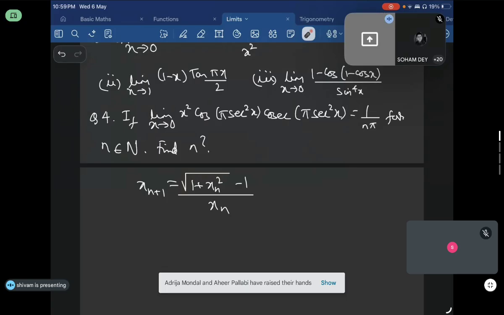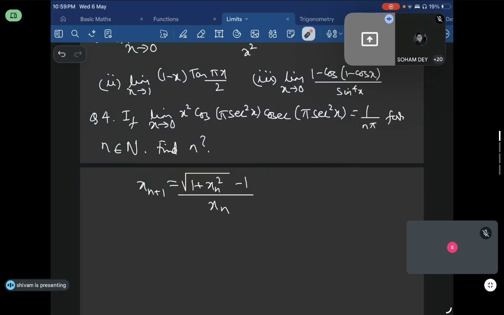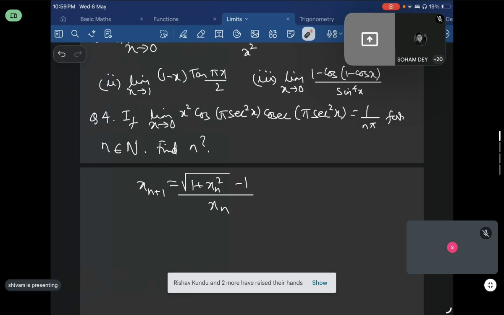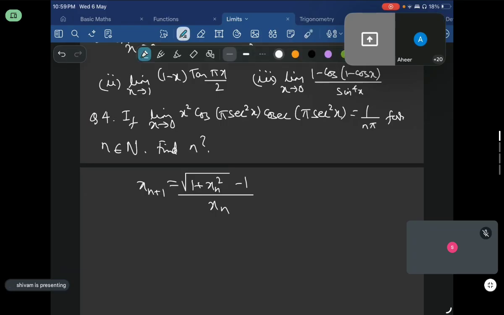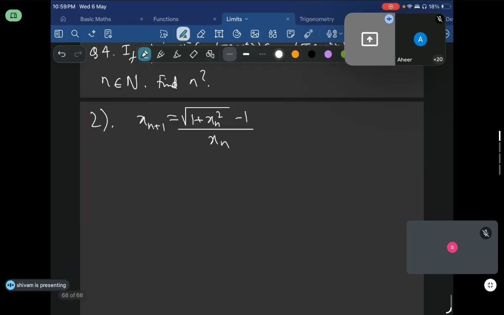Raise your hand. Just look at the expression. It is root over 1 plus xn square. So what should we substitute? Yes, Ahir, tell me. Sir, tan theta. So everyone, let xn is equal to tan theta.